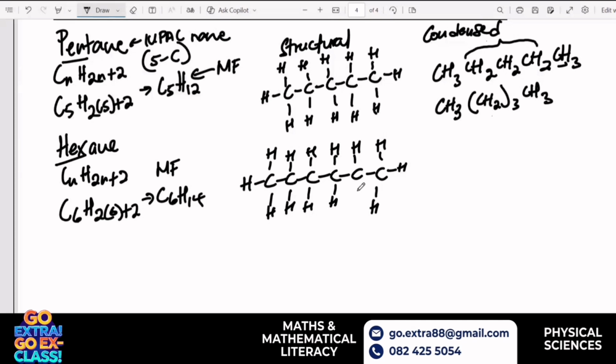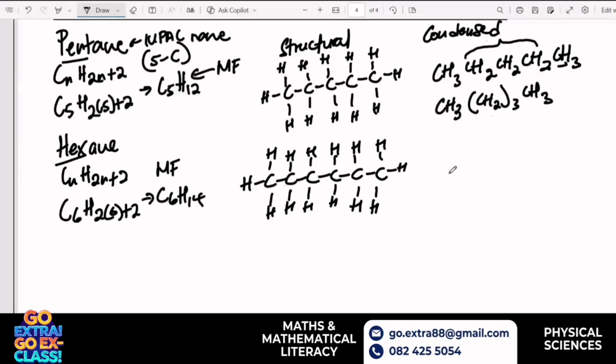And maybe you can also write the condensed formula before I write it. Pause the video, write the condensed formula, and write the short notation. So now this is how hexane is going to look: 1, 2, 3, 4, 5, 6. So this is how it looks structurally. We cannot condense this structural formula, guys. You must show everything.